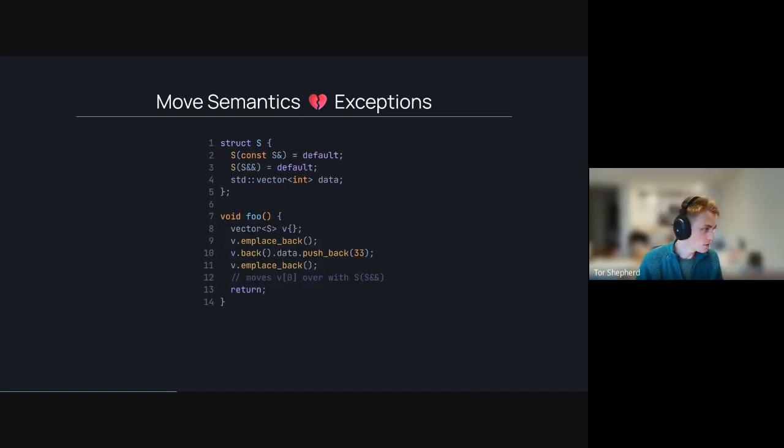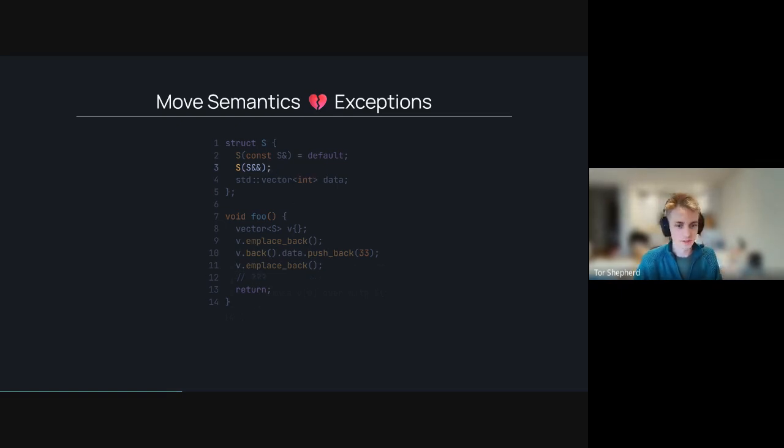So if we go ahead and use this, this is the same example as earlier where we have the nested vectors. When we get to emplace_back, let's say we've exceeded the capacity and we need to move everything over. This is successfully going to call that move constructor, the behavior that we wanted from earlier, right? And that's right here. But let's see what happens if we just declare this instead of defining it as defaulted.